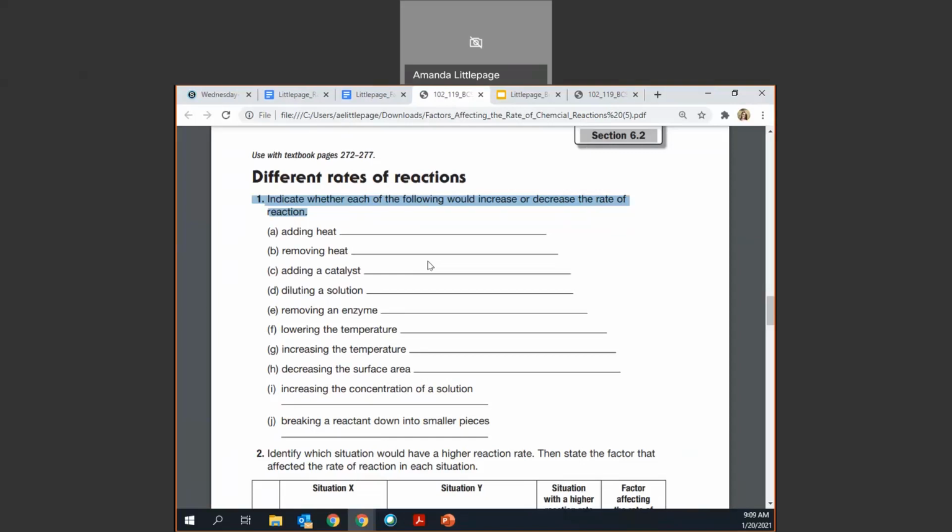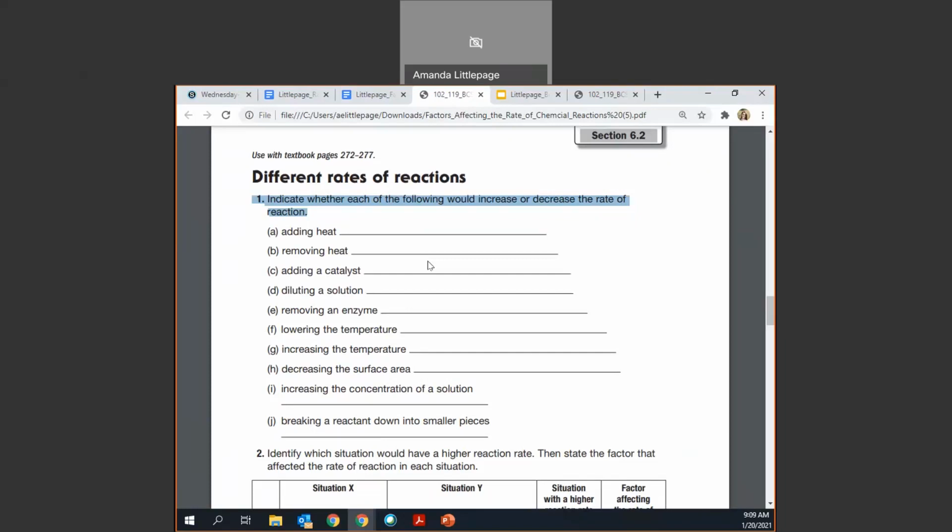F, lowering the temperature decreases. G, increasing the temperature increases. H, decreasing the surface area decreases. I, increasing the concentration increases. And J, breaking a reactant into smaller pieces will increase the rate of the reaction.